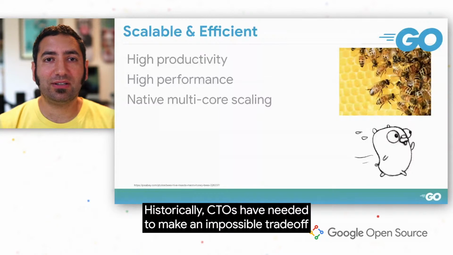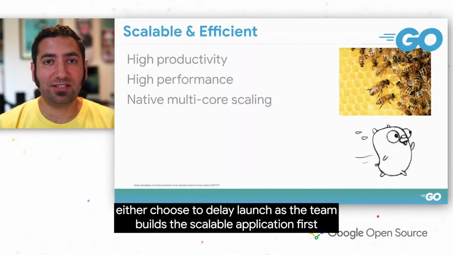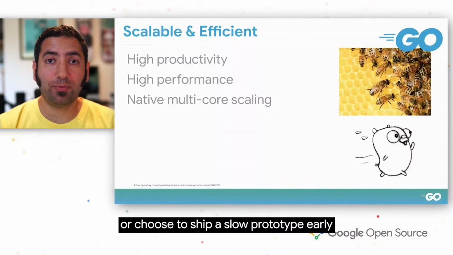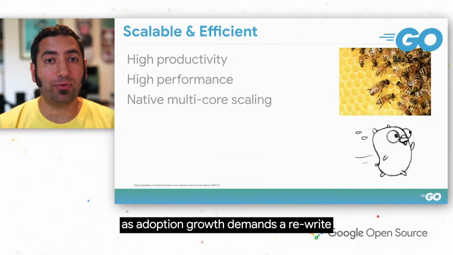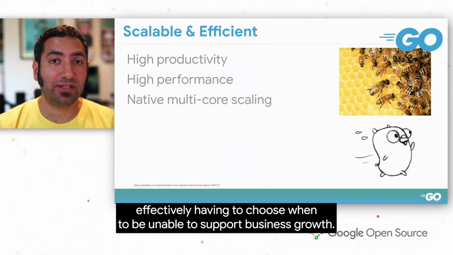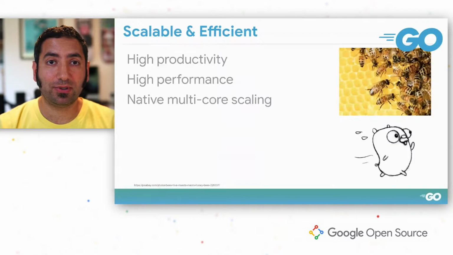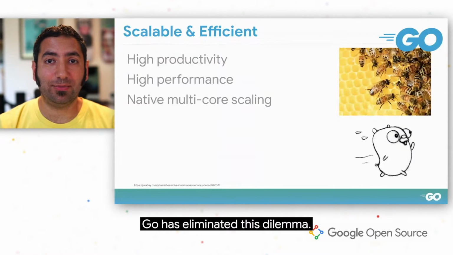Historically, CTOs have needed to make an impossible trade-off. Either choose to delay launch as the team builds a scalable application first, or choose to ship a slow prototype early, acknowledging that development will be delayed significantly later, as adoption growth demands a rewrite, effectively having to choose when to be unable to support business growth. Go has eliminated this dilemma.